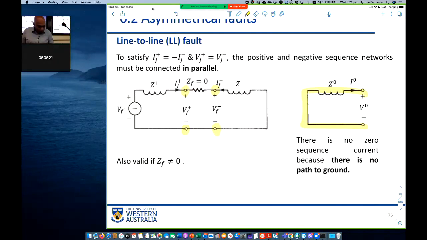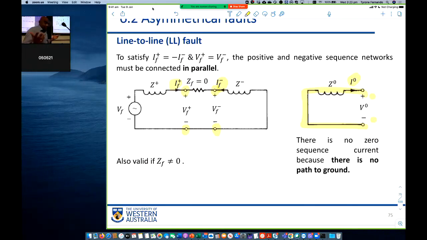And you also need to know the direction of and where to find the positive sequence current, because obviously it's in the positive sequence circuit, and same with where to find the negative sequence current. And if you connect it this way, then the two currents are in the opposite direction, right? This is the zero sequence circuit where the zero sequence voltage appears across the terminals, and the zero sequence current is flowing into the terminals.